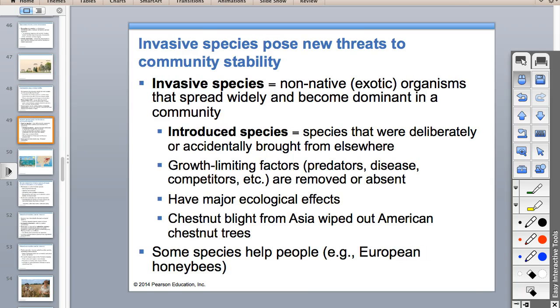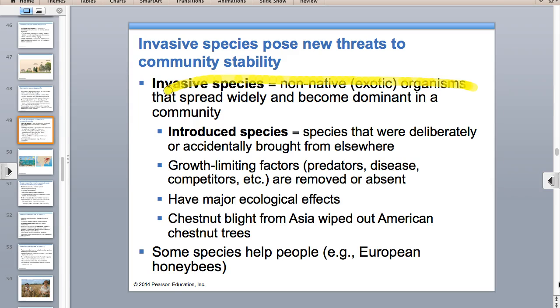Invasive species. These are non-native or exotic organisms that do really well, spread really quickly, and sometimes they're intentionally brought in, and sometimes they can be accidentally brought in. That's like my zebra mussels. Chestnut blight.